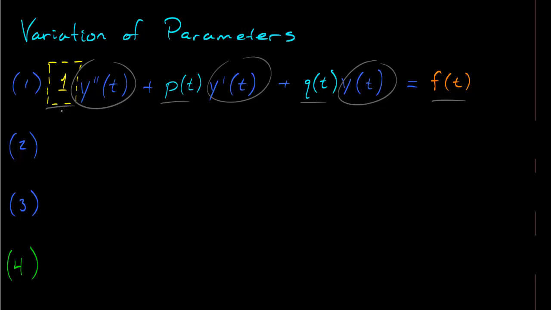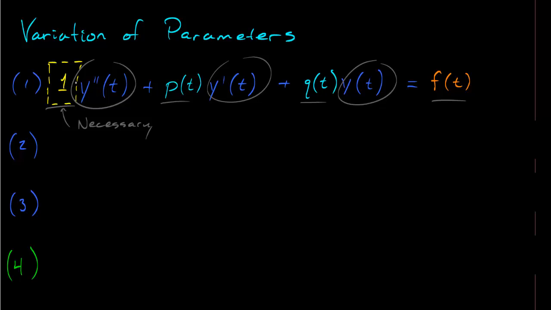Something special to notice about this differential equation: the constant coefficient on y double prime is 1. This is necessary for variation of parameters. If we tried to apply the variation of parameters technique to a differential equation that did not have 1 as the coefficient, we'd get the wrong answer.